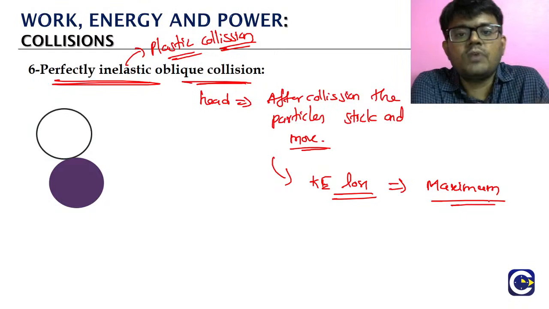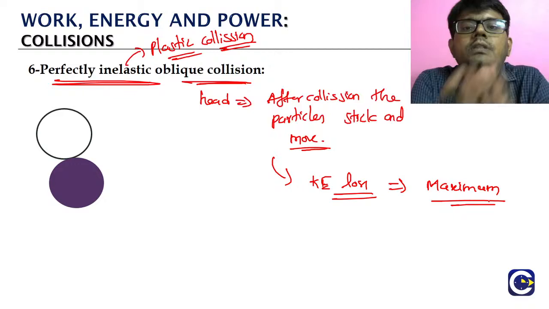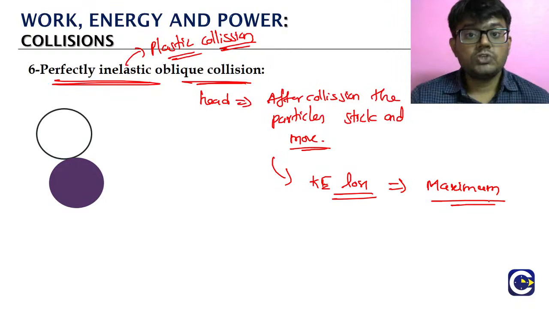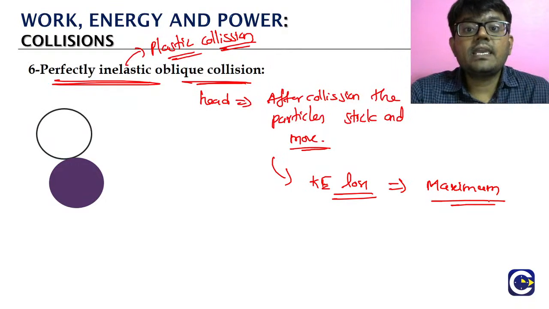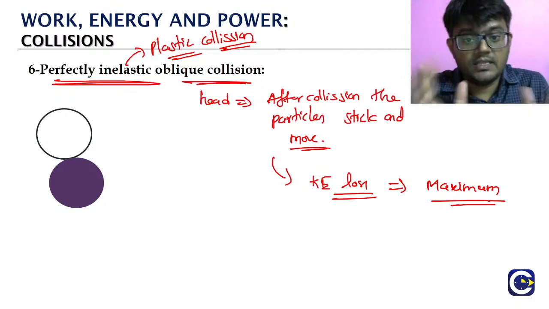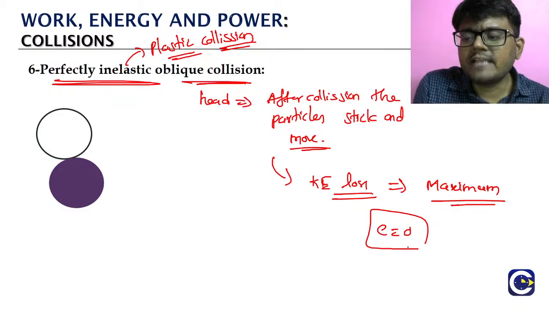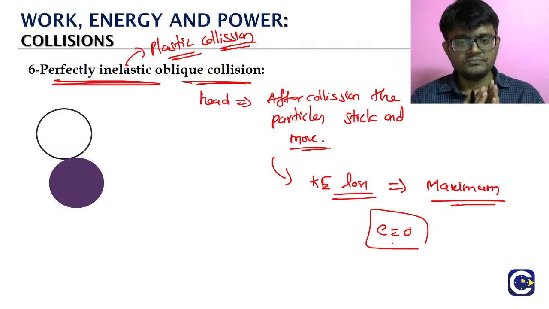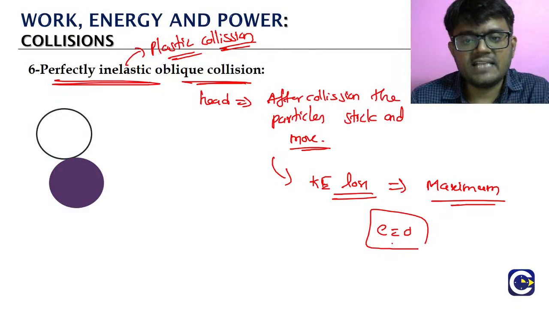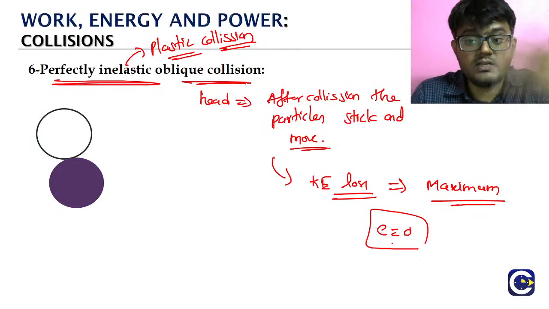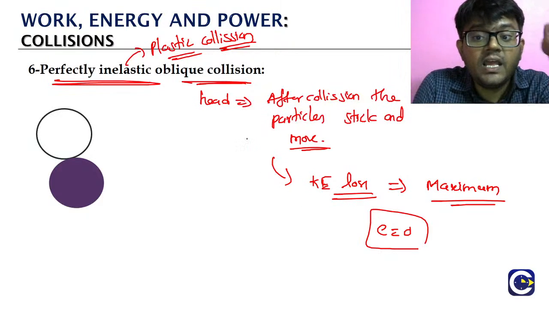In that situation the kinetic energy loss will be maximum. Okay va? And we have seen in that case E will be equal to 0. In that perfectly inelastic discussion that we had about the head on, அதுல E ஓட value என்ன வரும்? 0. Okay va? That is what we have seen in the case of the head on.